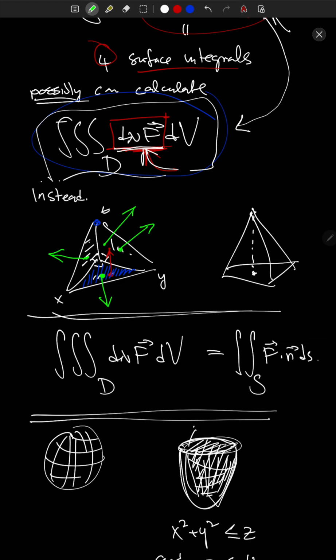And then, depending on the surface, you're going to have to figure out how to determine whether your normal is outward pointing. All right. So, for example, in this tetrahedron, this side face right there, that's on the xz plane, right? The normal that you want would be the one that's pointing in the negative y direction.